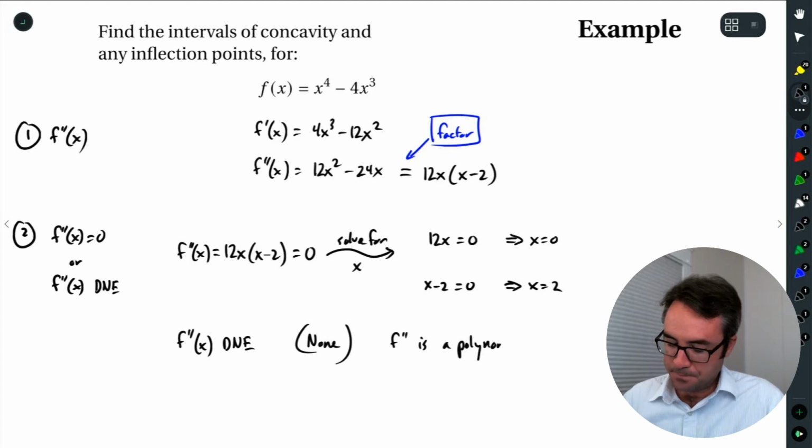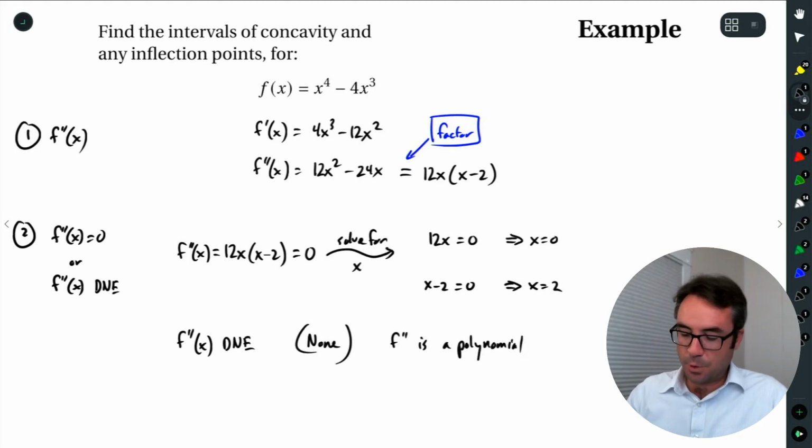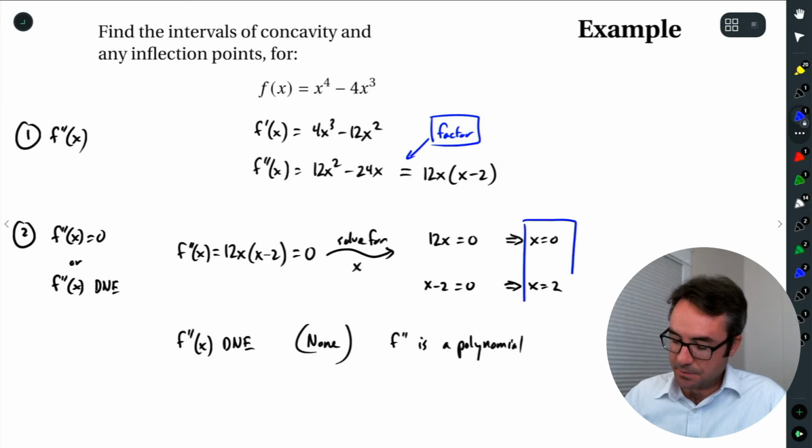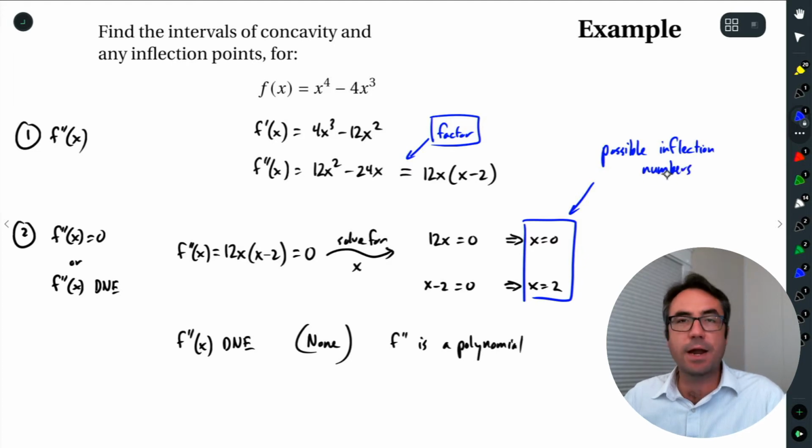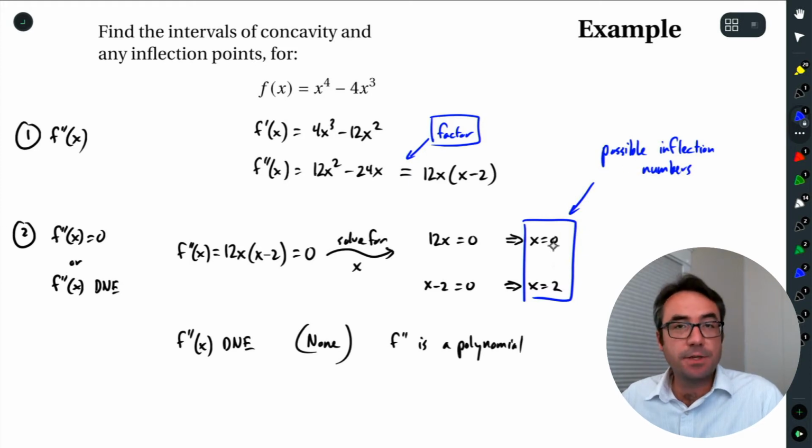All right, so what we've found here, these two x values, these are the possible inflection points. So we call these the possible inflection numbers. This is where our graph might actually have an inflection point. There's a few things we need to check.